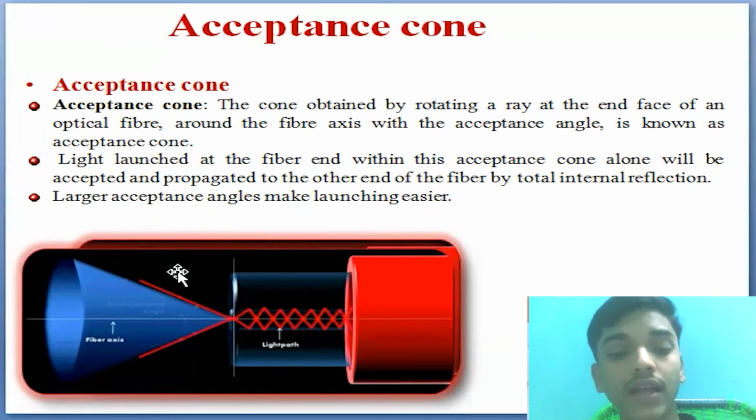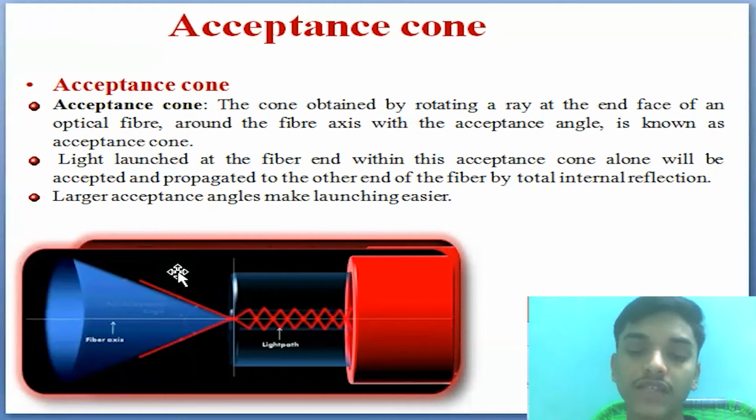So in that area of the acceptance cone, anywhere we propagate light, it will be accepted by the optical fiber, get total internal reflected, and come out from the other end. So a larger acceptance angle makes launching easier. So it is directly proportional: the larger the acceptance angle, the easier the launching will be.